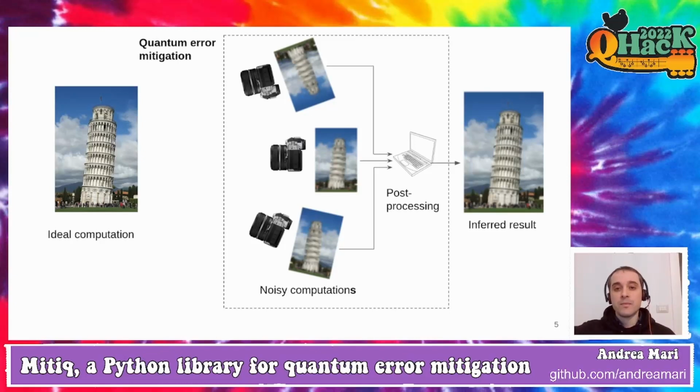But all these photos that you see here are noisy, so they are all low-resolution images. If you take a lot of these, you extract maybe more information about the ideal computation that you want to do. And if you do post-processing, you could be able to infer a better result, an image in this case with a better resolution.